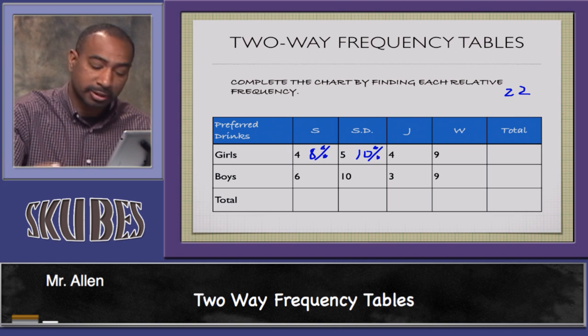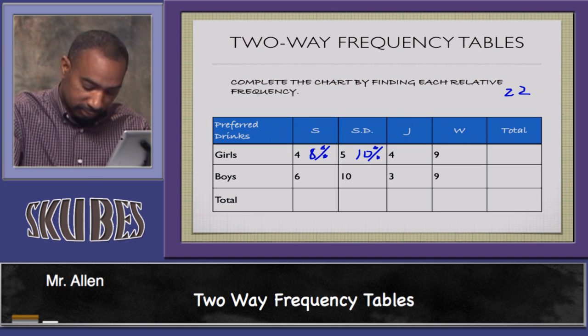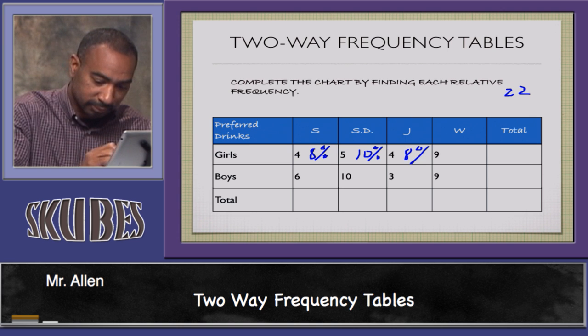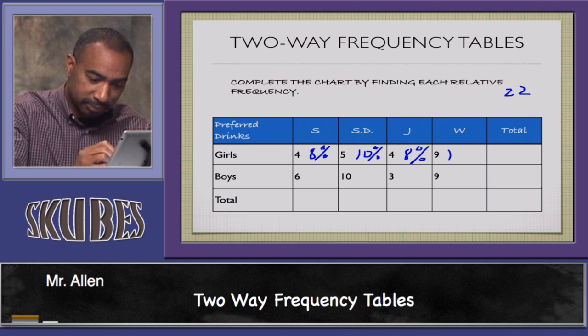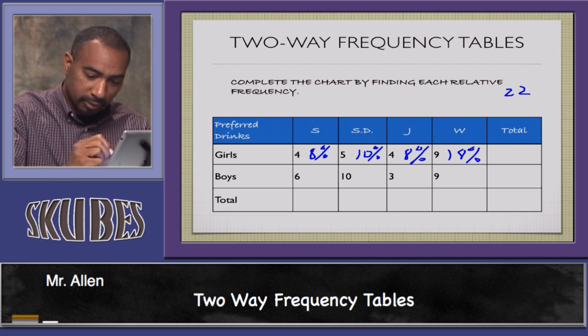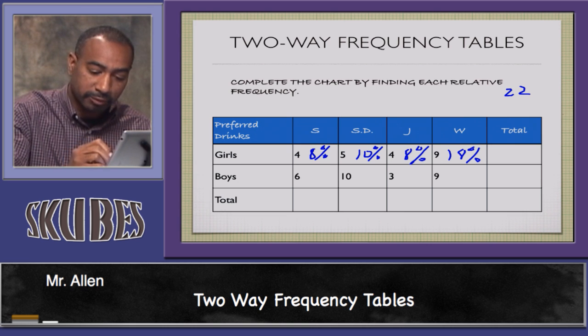Well, you divide by 50, because that's the total amount of students. And you're going to get 8% here. 18%. And then 22 out of 50 is going to be 44%.